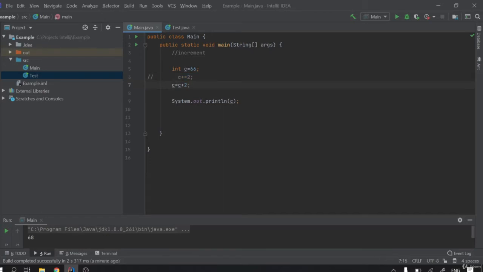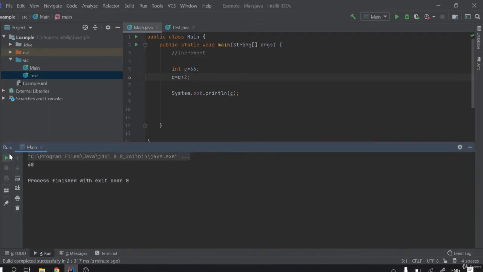So what we did here, we set c equals 66 plus 2. c was 66, plus 2 equals 68. So let's remove this, so you don't get confused.